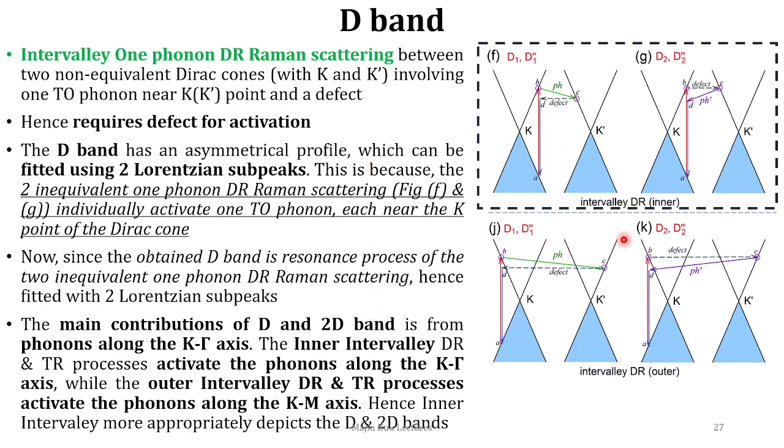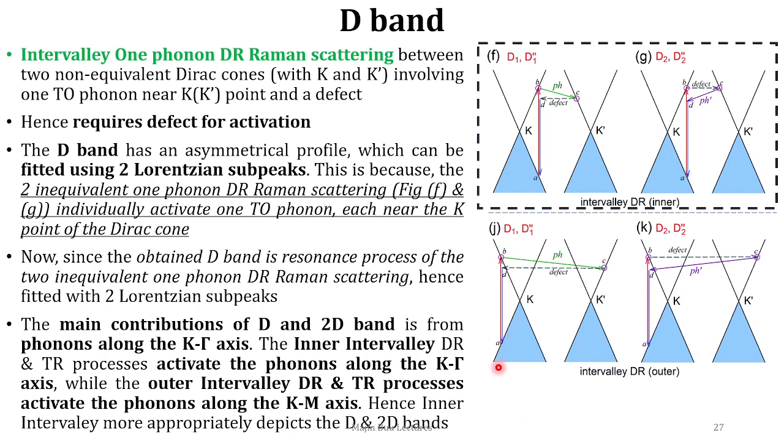Here, it is also worth noting that the D band is essentially contributed from the intervalley inner double resonance process, because these are mainly contributions from the K gamma axis that we had initially seen from the first Brillouin zone, and the ones with respect to the outer intervalley process occur along the K M axis.